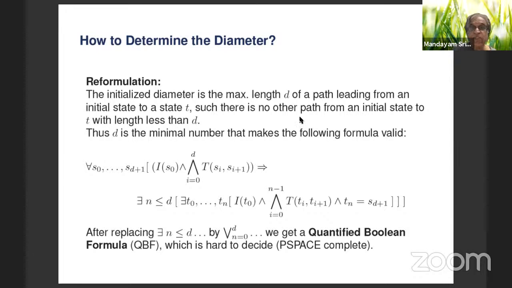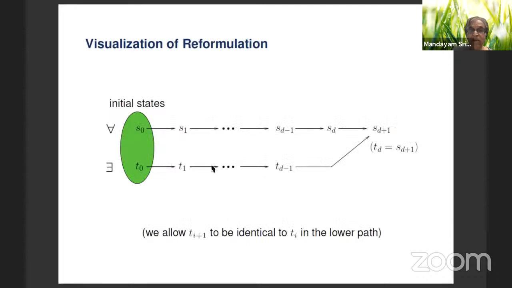You have to check this query for various Ds, starting from 0, 1, 2, 3, etc., until you reach a D for which, for every path that is reachable at D, every other path reachable from any other initial state is shorter than that.